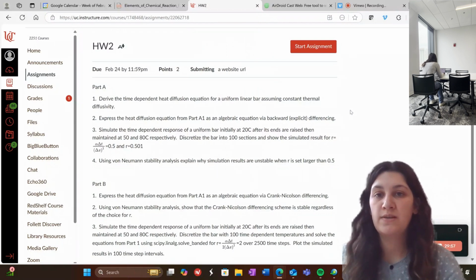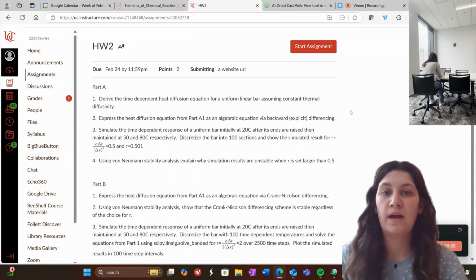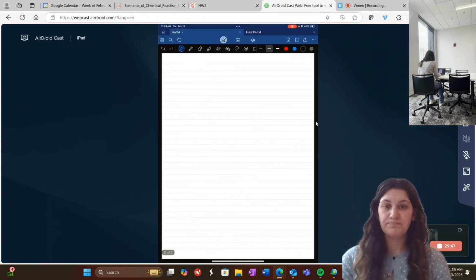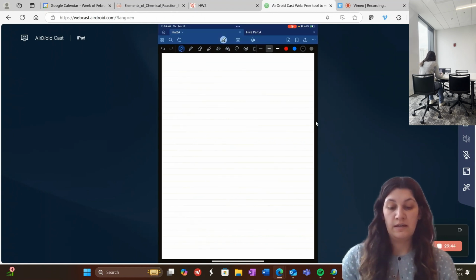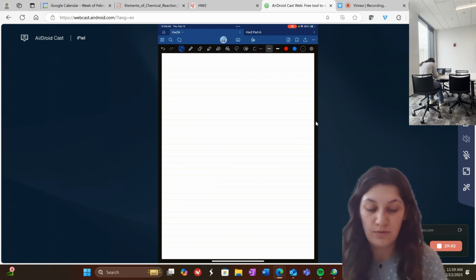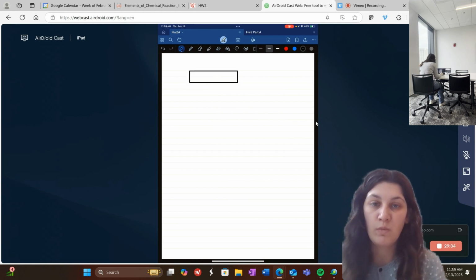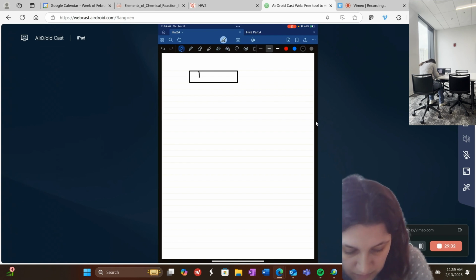This says express the heat diffusion equation from part A1 as an algebraic equation via backward differencing. Head back over here. And again, we're going to draw out the situation. So we have that same bar, but this time, instead of just making one slice, we're going to divide it up into multiple sections.